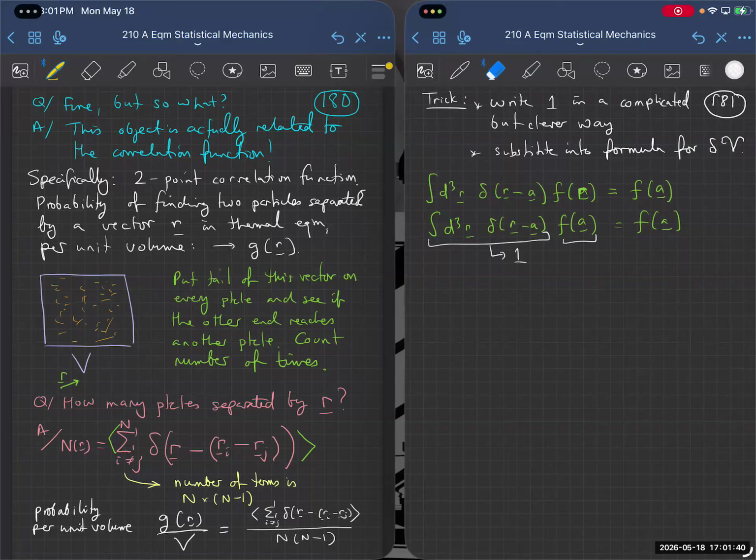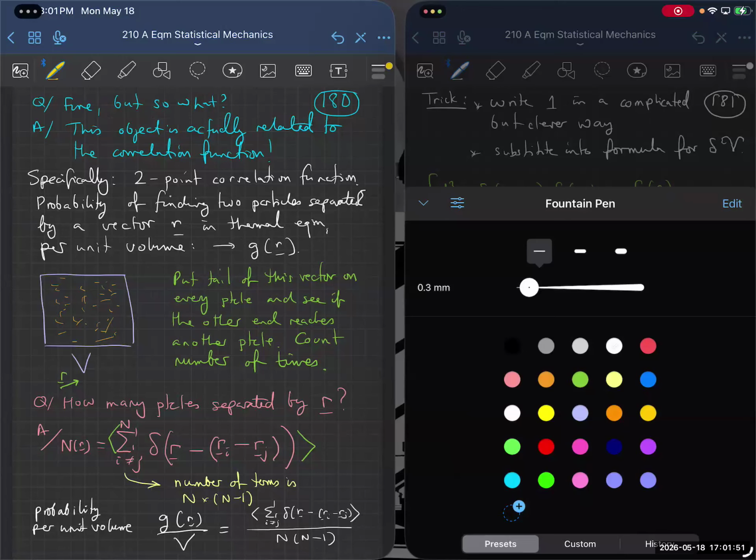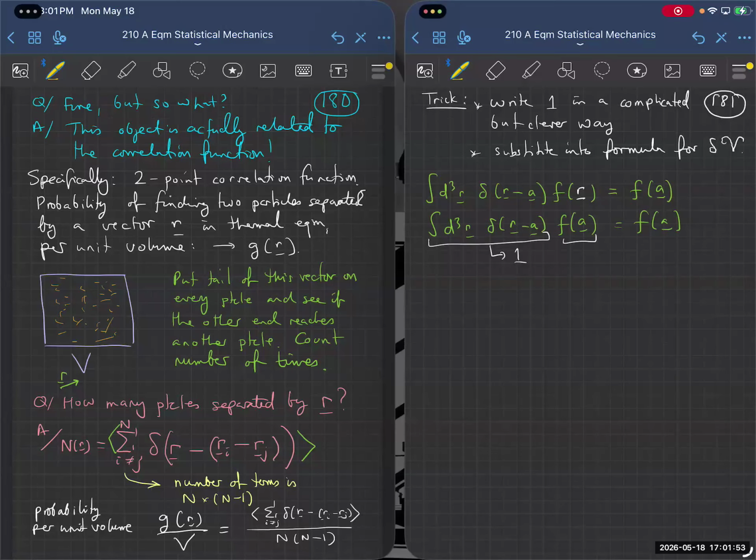So let me make this crystal clear so that we don't get confused. That here is meant to be an r. Okay. All right. So then I claim that I can write 1 in a very complicated way. I can write 1 is equal to the integral d3r of delta of r minus ri minus rj.